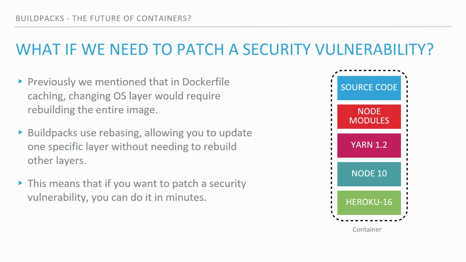So we were going back before talking about what do you do in the case of a security vulnerability. Now it's a lot simpler, because we were saying before that you had to rebuild entire images just to make one change, but with build packs you can just swap out individual layers. It uses rebasing, so it allows you to, like mentioned, just do one layer at a time, swap it out.